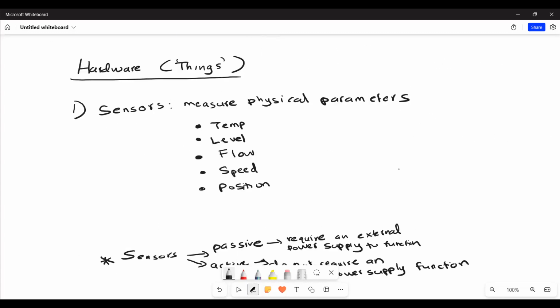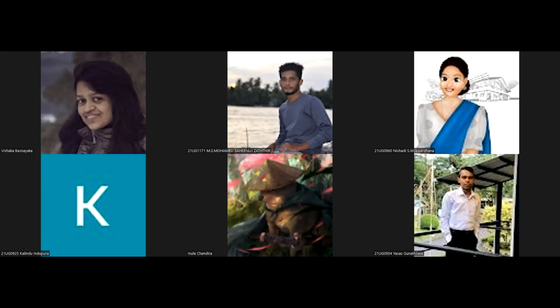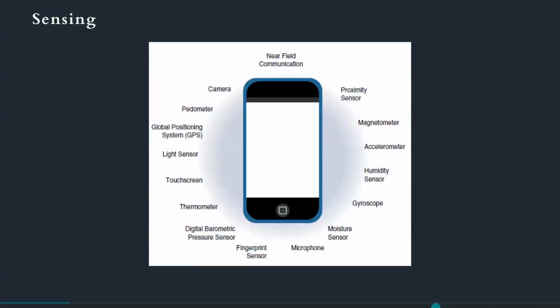So we will go through one of the most commonly used sensors. One of the biggest sensors we use in our day-to-day life is the smartphone, as you all know. There are many sensors used in the smartphone that constitute many input parameters, right? There's a camera and we have image input.